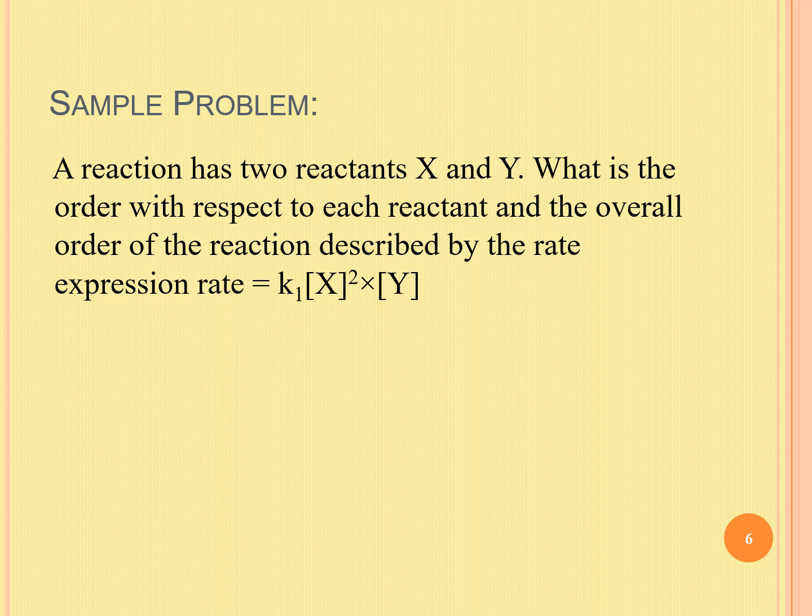Here we have a sample problem. A reaction has 2 reactants, X and Y. What is the order with respect to each reactant and the overall order of reaction? So, right, rate is equal to K times, all right, X to the second power and Y to the first power.